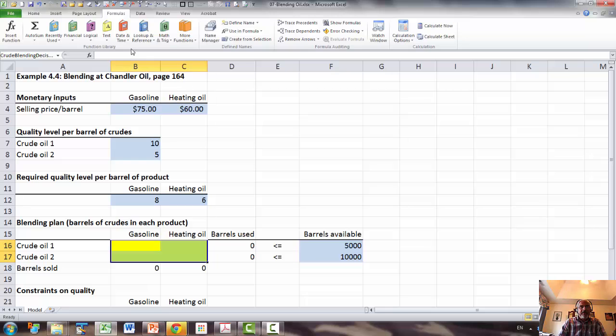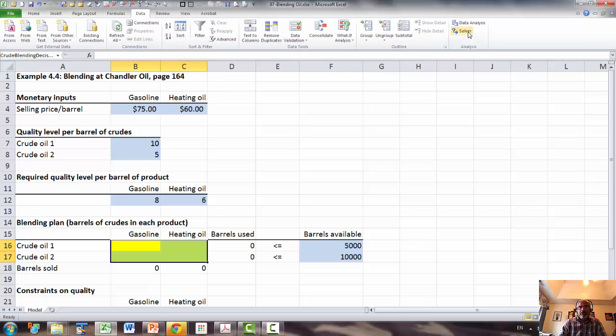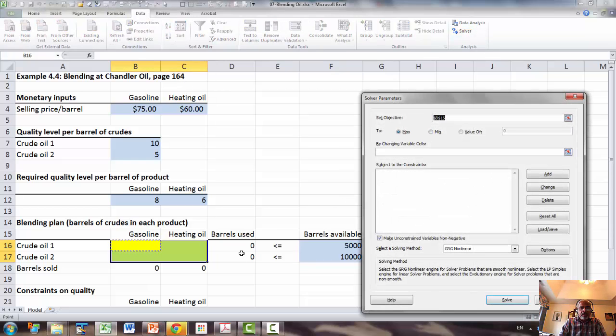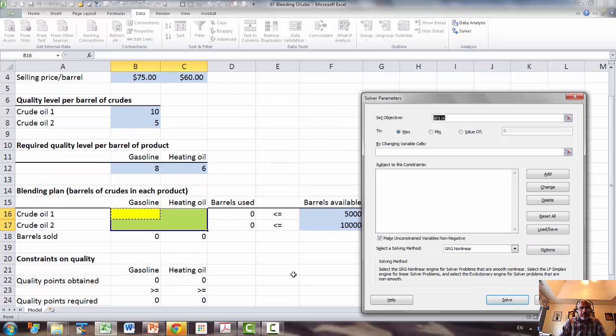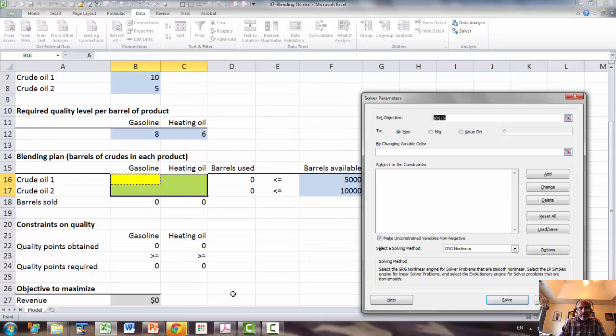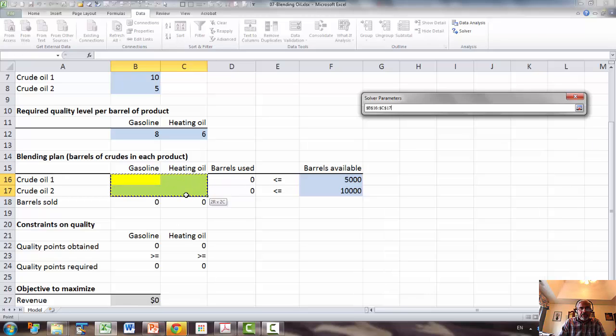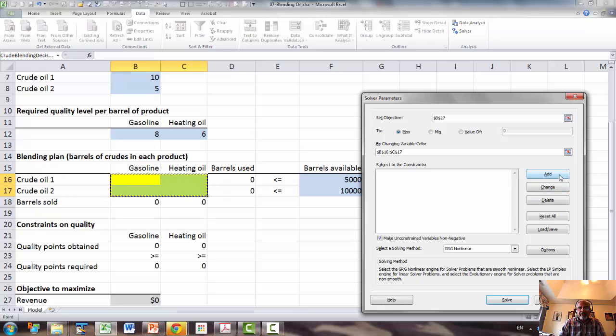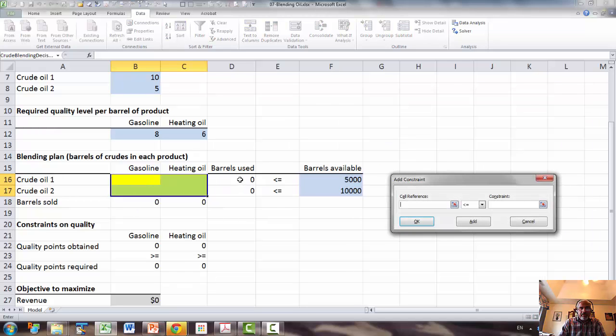Okay. Now we can go to solver. We will need to maximize the revenue. Changing cells is that, and constraints are barrels used less than or equal to barrels available. That's one set of constraints.